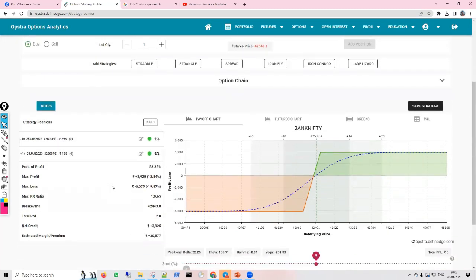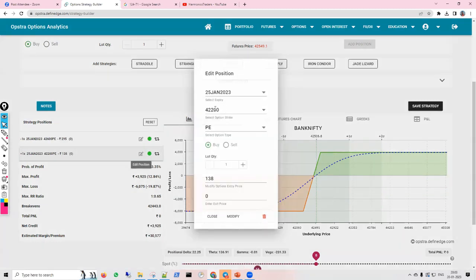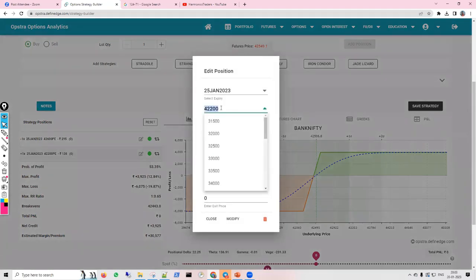Okay, so Bank Nifty, somebody asked how do I need to go, whether the next immediate strike. Like I said, you can just play around the site. Here it is like a 400 points difference. Profit is 4K and loss is 6K. Just change the position. Instead of 400, you just have it as 200.